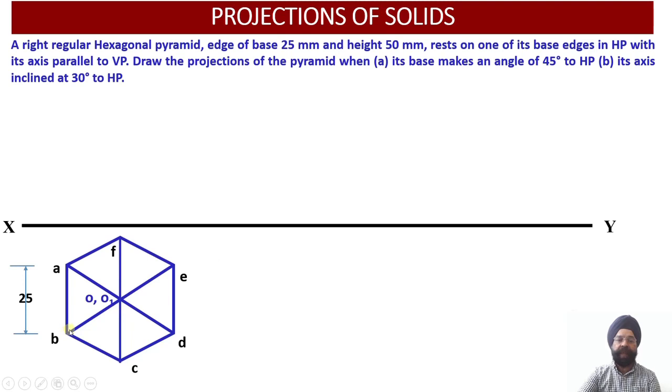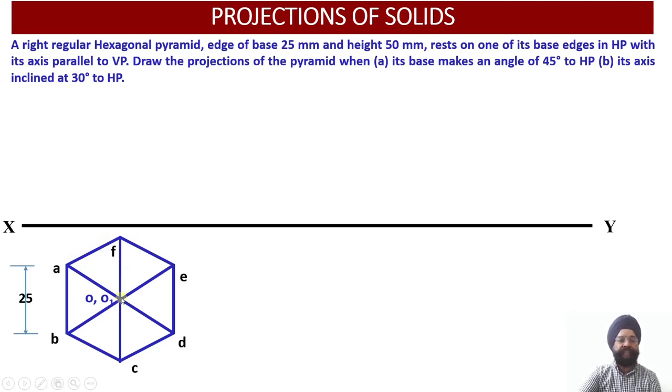And since it is a pyramid, all these slant faces we can see. This is the first slant face, this is the second, third, this is the fourth slant face, this one is the fifth, and here we have the 6th slant face of the hexagonal pyramid.